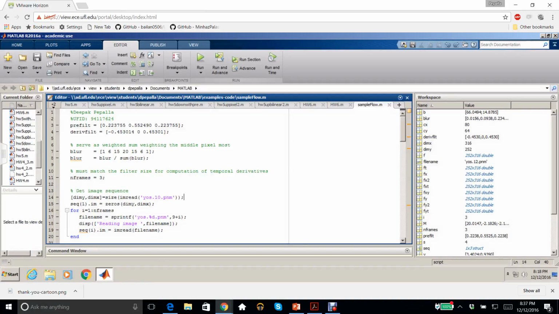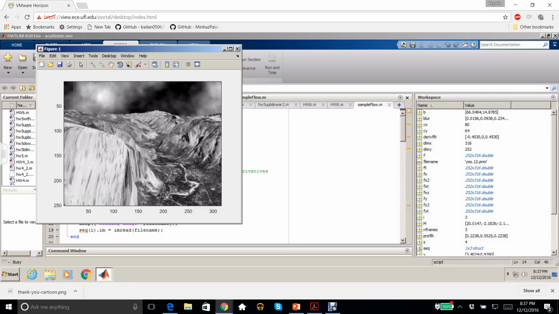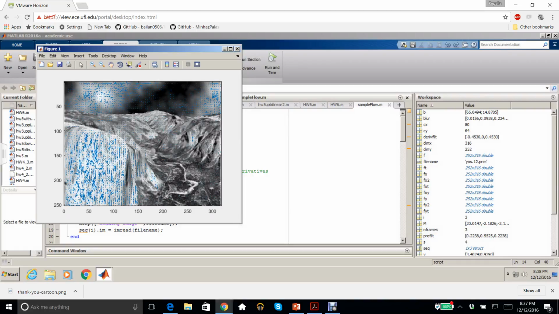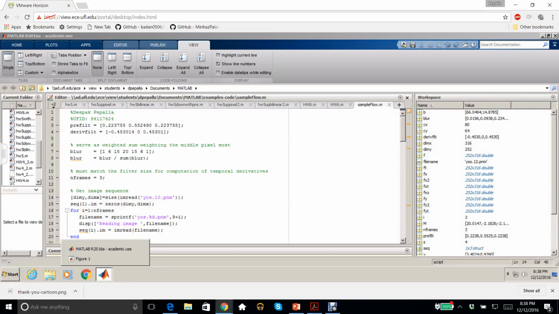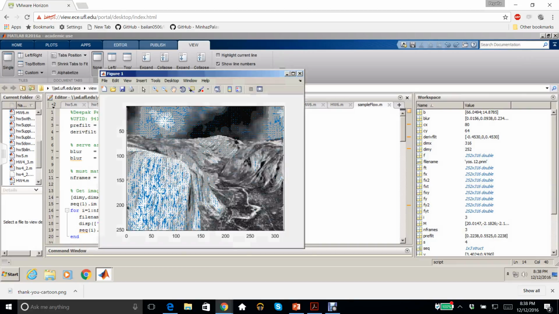So as you can see here, this is my code. If I run this code, as you can see, the image sequence is run for a second, because there are only 3 images in my sequence, and the 3 images have 3 different scalings.